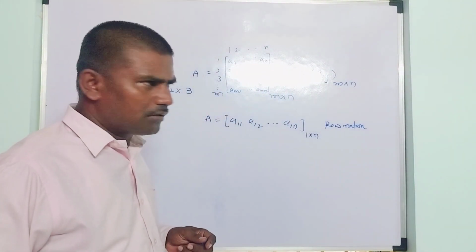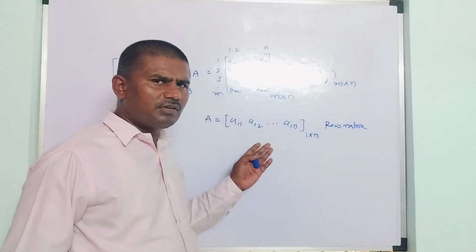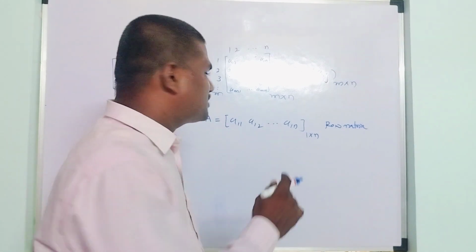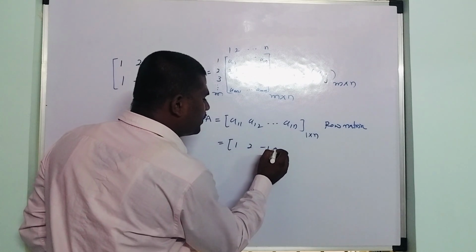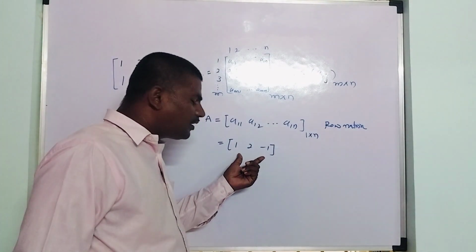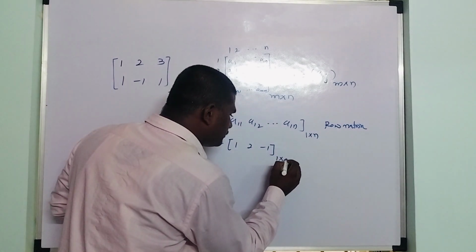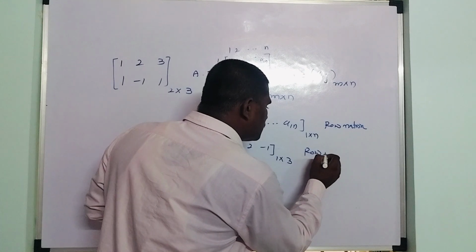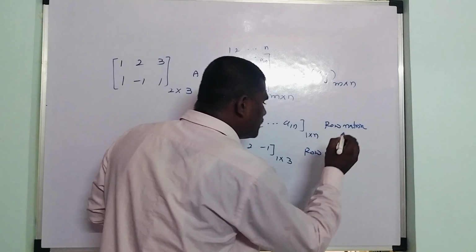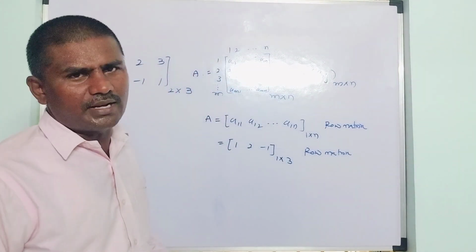You can mark the numbers also. That means this one can be taken as 1, 2, minus 3 elements. That means the order of this one is 1 by 3. So this matrix is known as a row matrix. Similarly, you can say column matrix also.